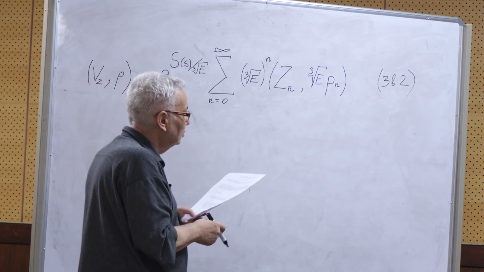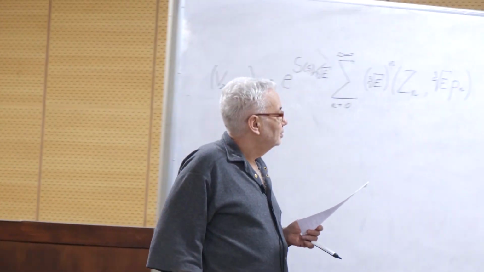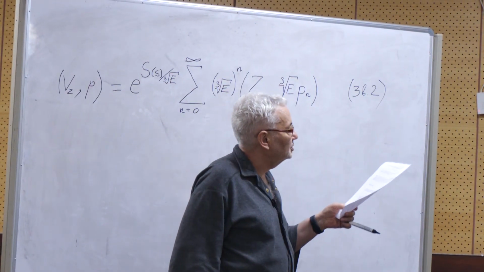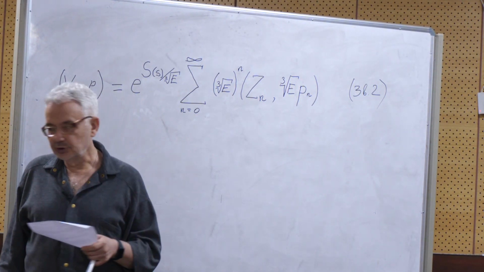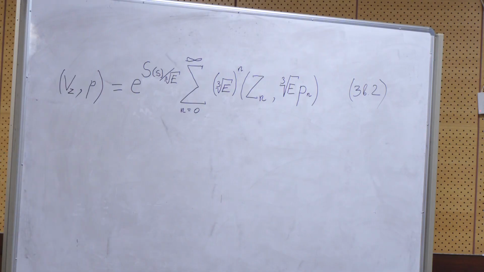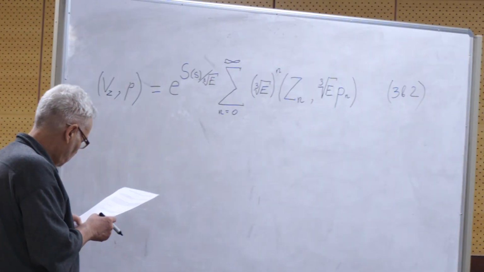So, substituting this function into this equation 1, we have two equations, as I already told you, and we substitute this function into this equation. And eventually we get the result, which I will write here and comment on.